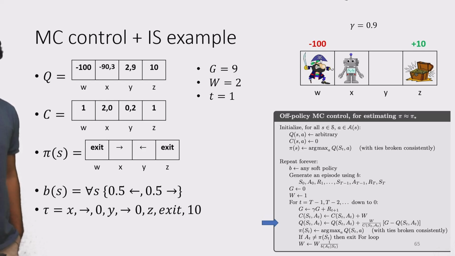So this was a good action. Upon updating our policy, we see that the actions remain the same. It's still optimal to go to the right. So the policy remains the same, we don't break out of the loop, and we update W. It was 2, now we multiply by 1 over 0.5, so it's 4.